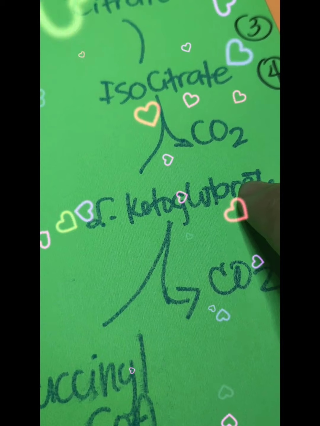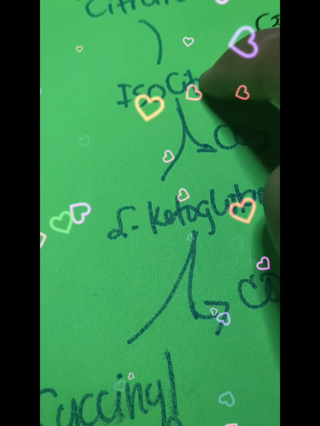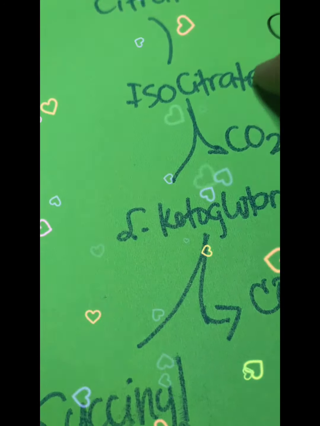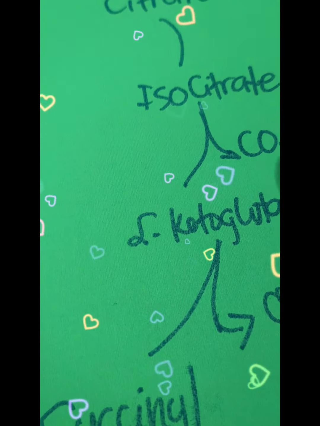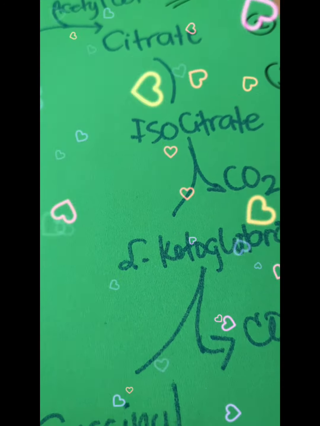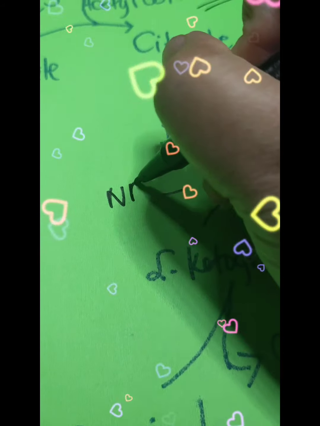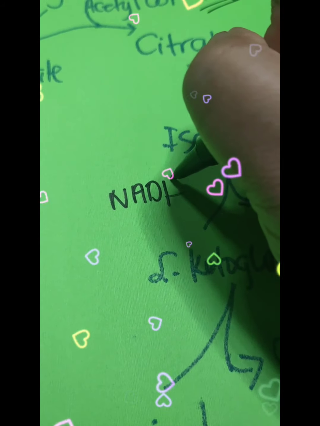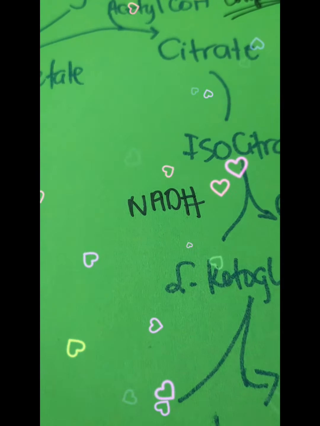And having the alpha ketoglutarate on this stage, as I have mentioned earlier, this is the first release of your carbon dioxide. Also, on this level, nagpo-produce ka na ng NADH. Okay? So, ito yan. Sa level na to, may NADH ka na.